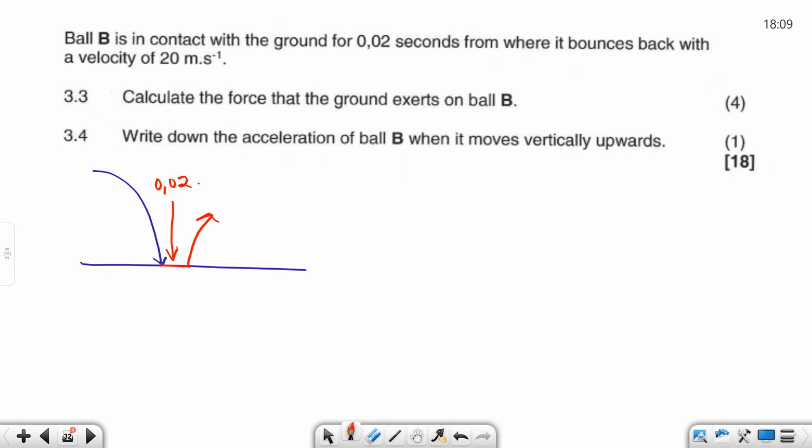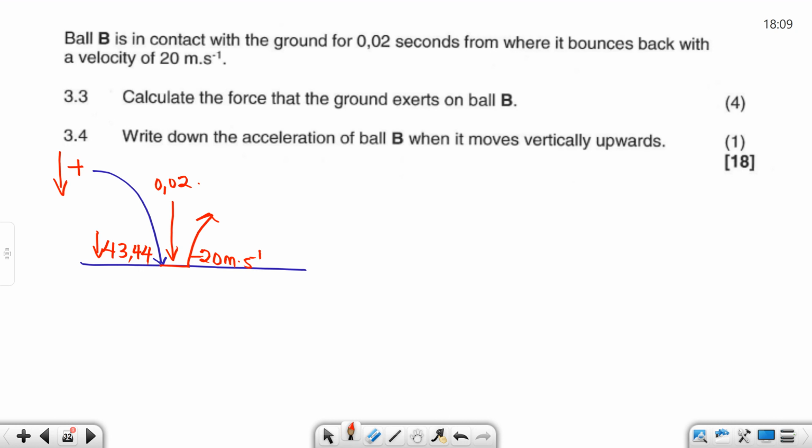And it bounces back up with a velocity of 20 meters per second. Are you aware that this would now be negative? Because we chose downward as positive. What was this velocity again? Yeah, when it hits the ground, 4.3, 4.4. Okay. Down.